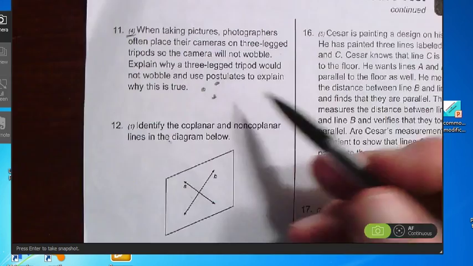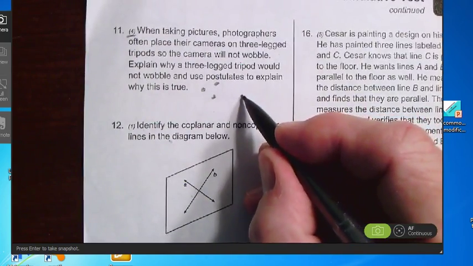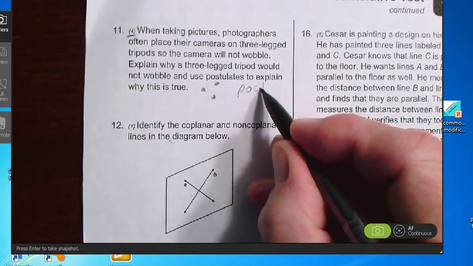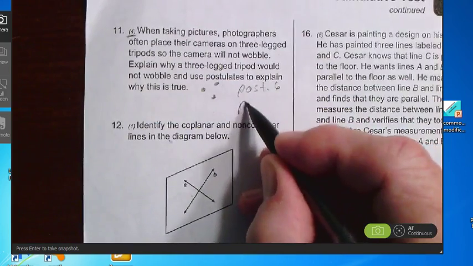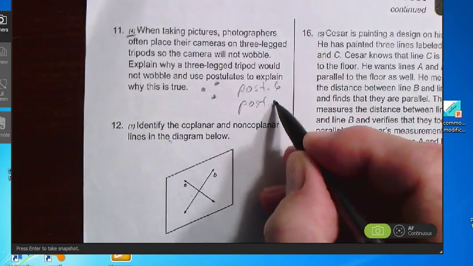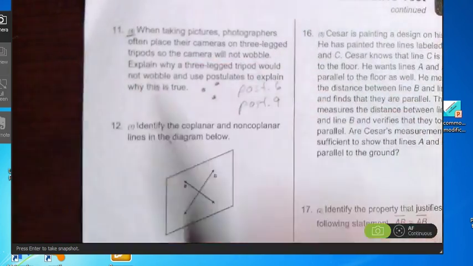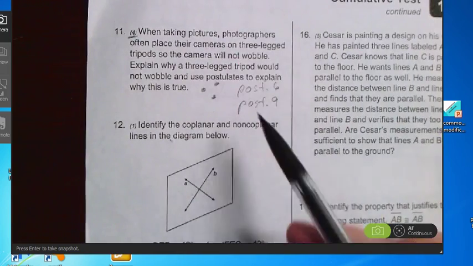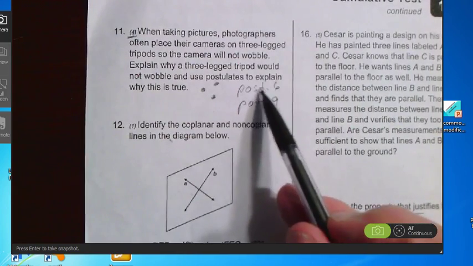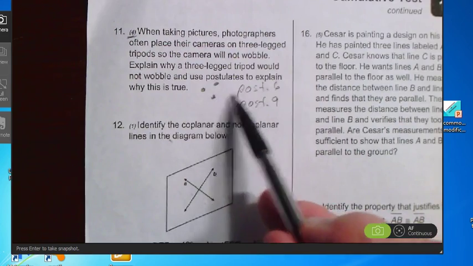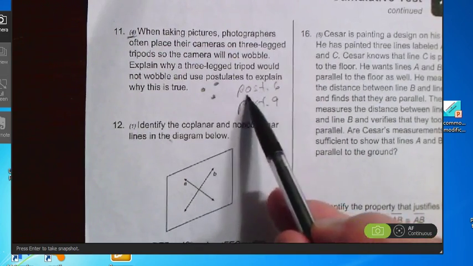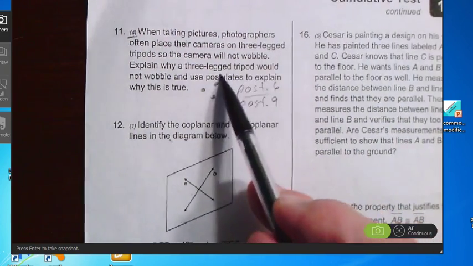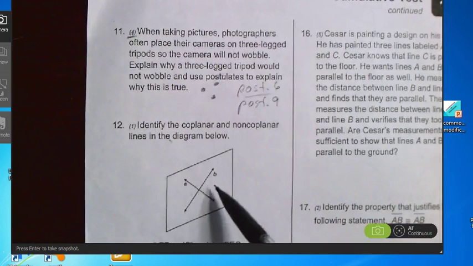So that also refers to that. So, we're looking at postulates 6 and 9. And of course, they're out of this lesson. If you explain the postulate, any 3 non-collinear points define a plane, you've done a good job with that, answering that.